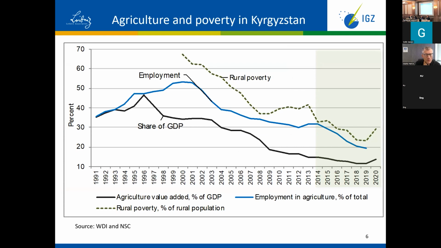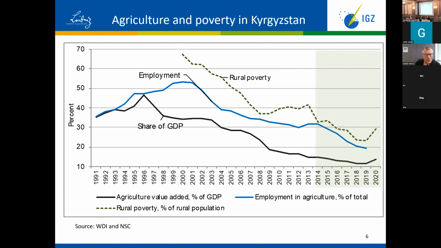So this chart is probably the most evidence of why we are looking at this topic. As you see, this chart shows evolution of the role of agriculture in employment, in GDP, and we also show rural poverty over time, starting from the day of independence, from 1991.